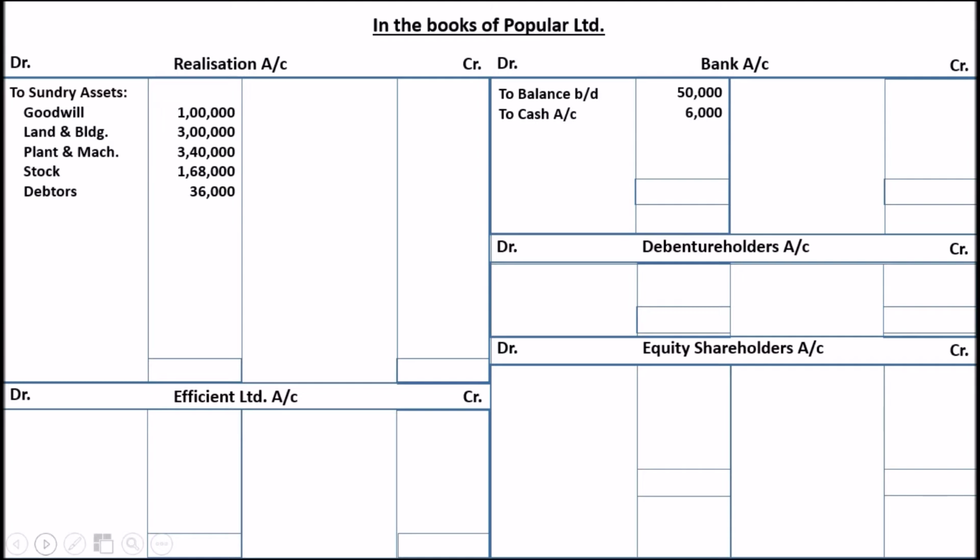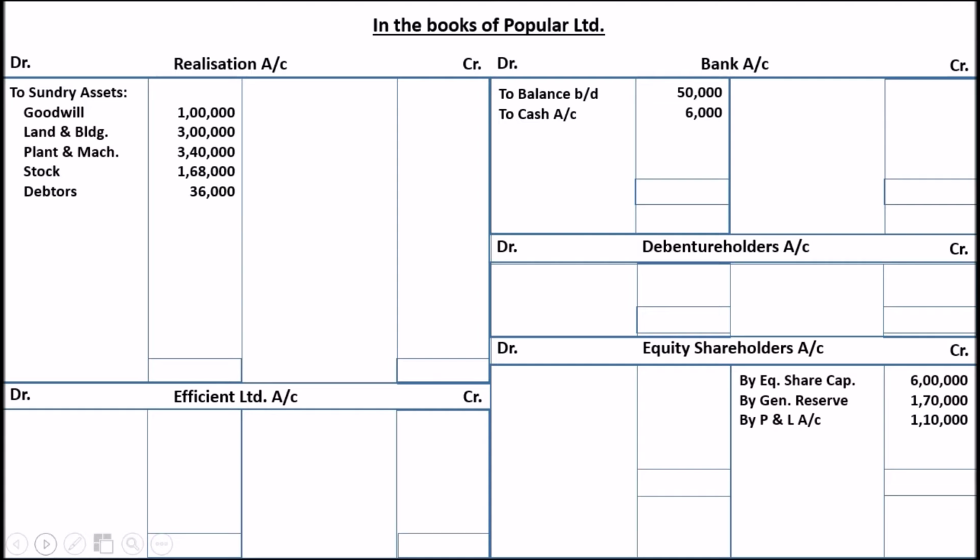The first item, that is issued and subscribed capital, will be transferred to the equity shareholders account as by equity share capital amount is 6 lakhs. Both the reserves, that is general reserve and P&L, both belong to the equity shareholders, transferring it to the credit side by general reserve 1,70,000 and by profit and loss account 1,10,000.